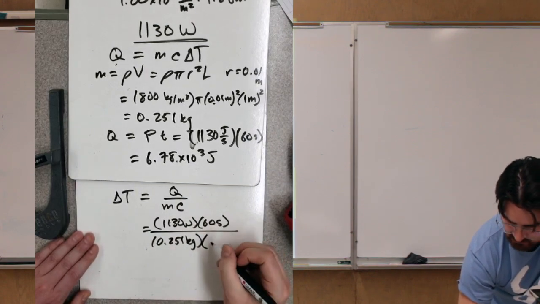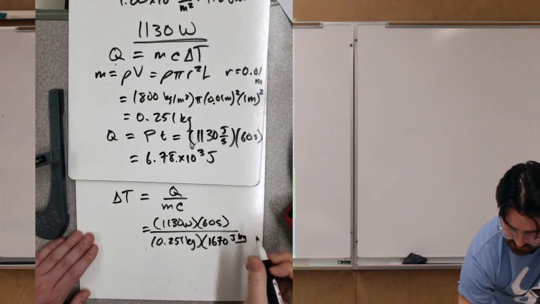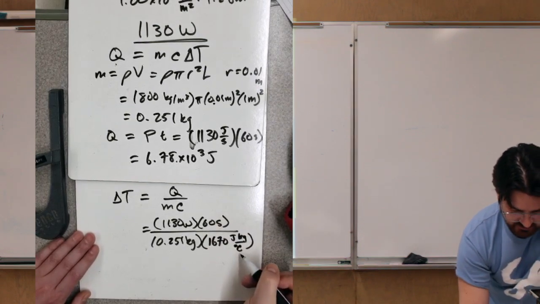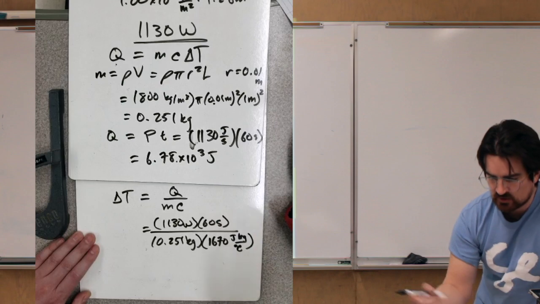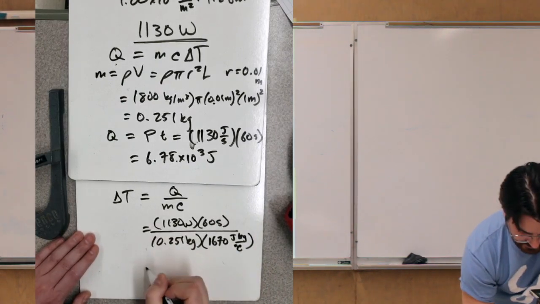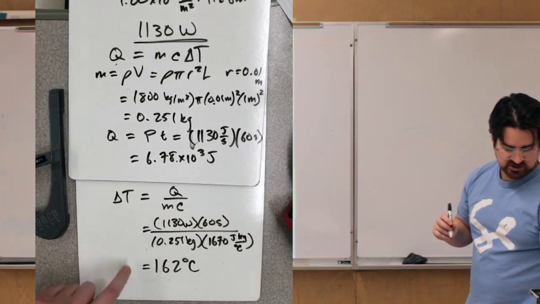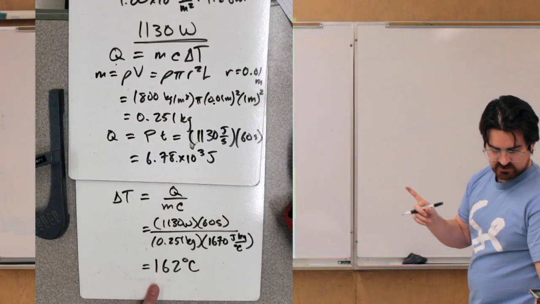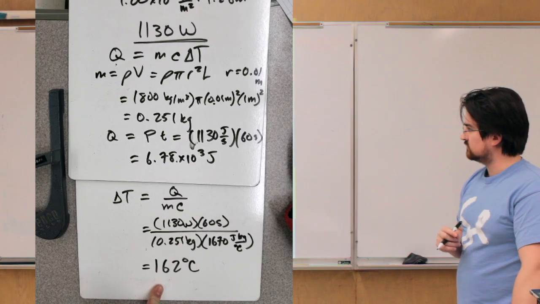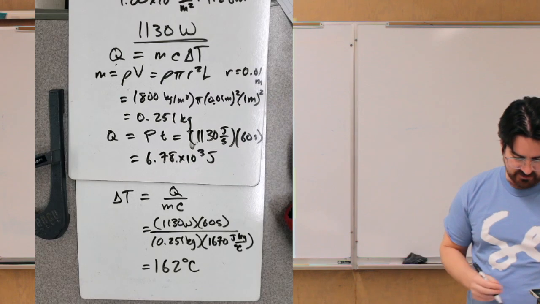And the specific heat of mineral oil is 1670 joules per kilogram per degree Celsius, or Kelvin. Doesn't actually matter here since we're talking about a change in temperature. All that turns out that we're going to change the temperature of the mineral oil in 1 minute by 162 degrees Celsius. Quite a lot. Or maybe not extremely high, but it's a pretty good amount.